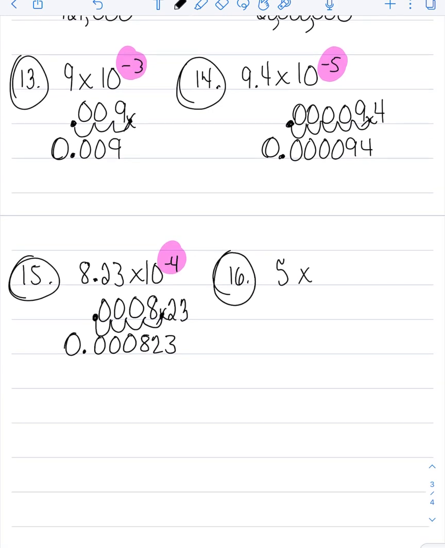And let's look at one last example to help you with your practice. Let's say we have 5 times 10 to the negative 6 power. I do notice I have a negative exponent, so I'm going to write my number over here. I don't see a decimal, so you add 1 at the end. And now let's decide which direction and how many times I'm going to move my decimal.